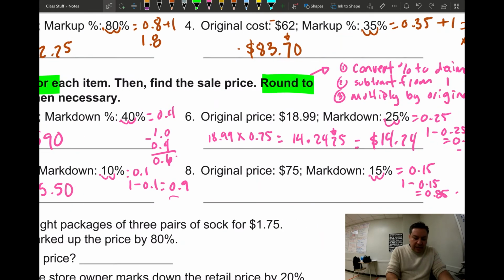So all I've got to do is multiply 75 times 0.85, and I get 63.75. I don't need to round anything because it's already 2 decimal places. It went down. And that's my new price. That's the discount that you expect to see at the store.